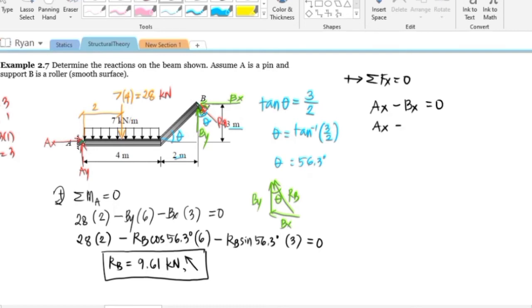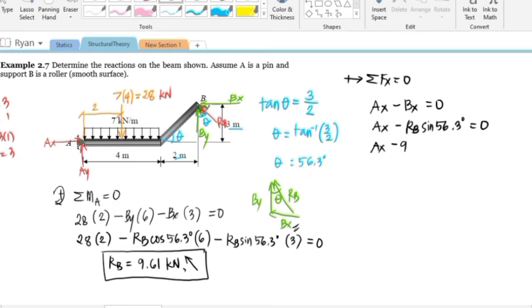Now, AX minus BX, si BX is the component, no? So ito, si BX, that is the RB sine of 56.3 degrees is equal to 0. Since na-compute na natin yung RB kanina, then substitute natin yung RB natin dito.